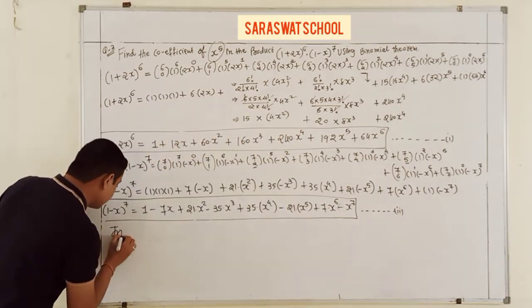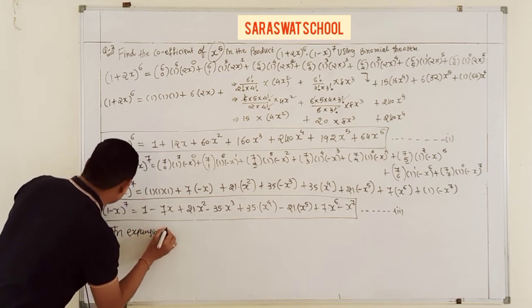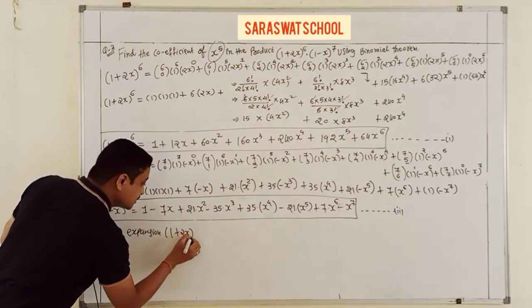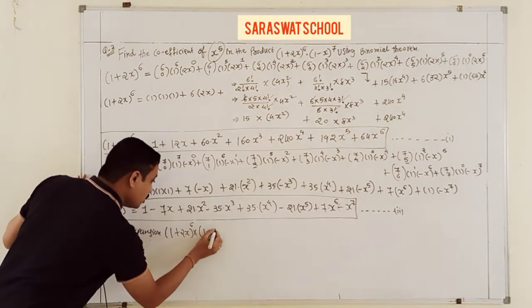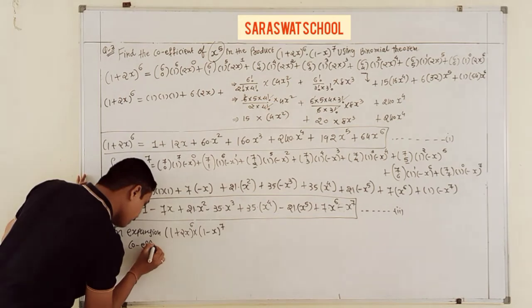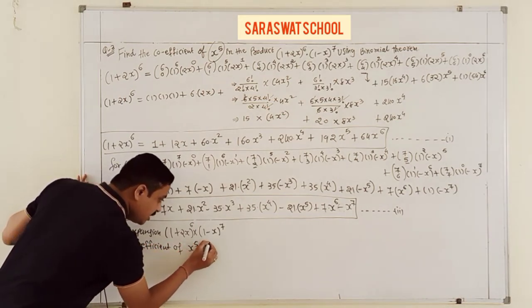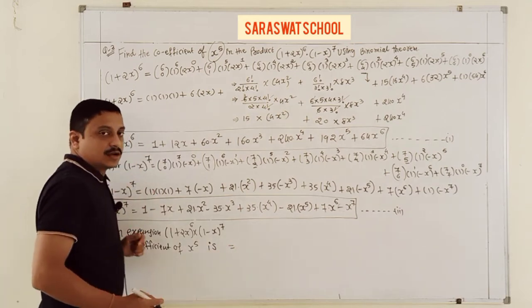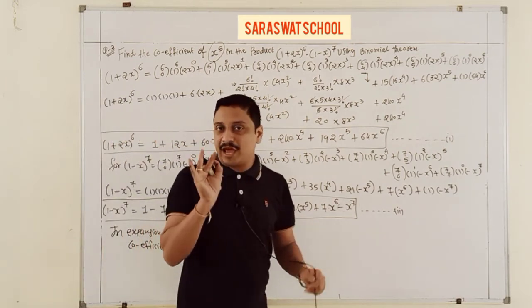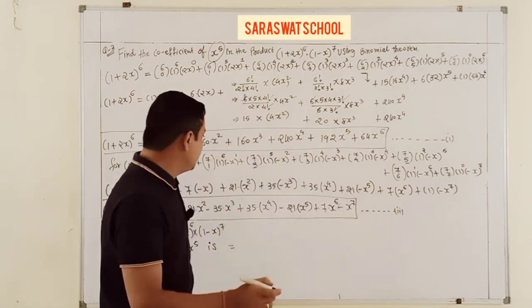In the expansion of (1 plus 2x) raised to 6 into (1 minus x) raised to 7, the coefficient of x raised to 5 is, now look at that very carefully and stop your writing, listen and properly see here.